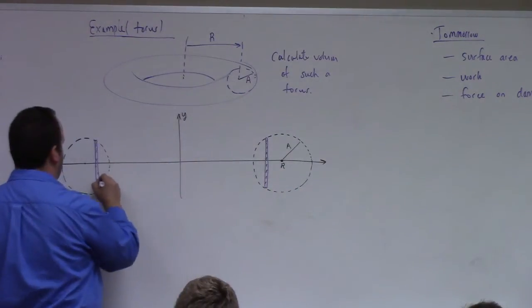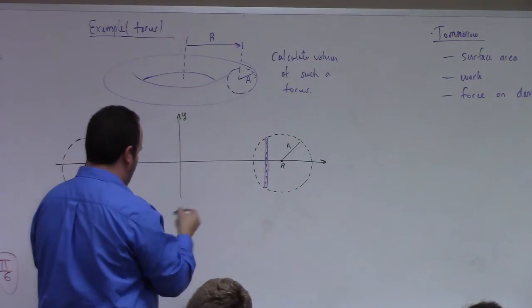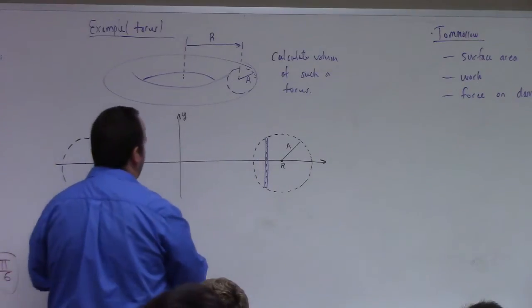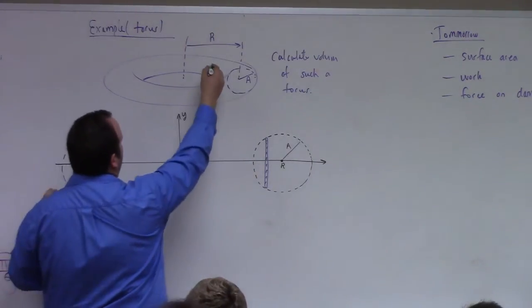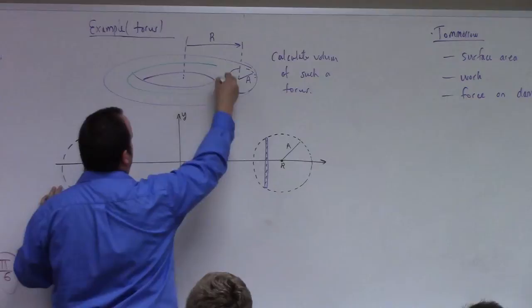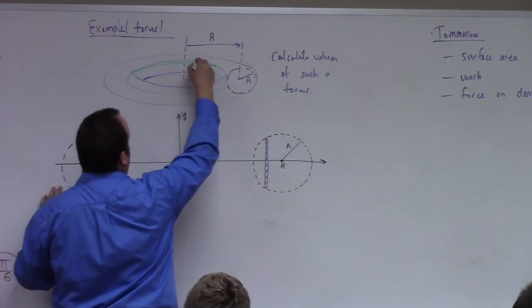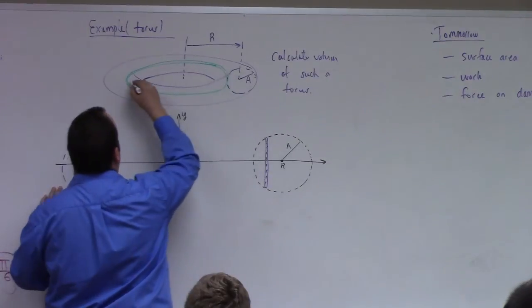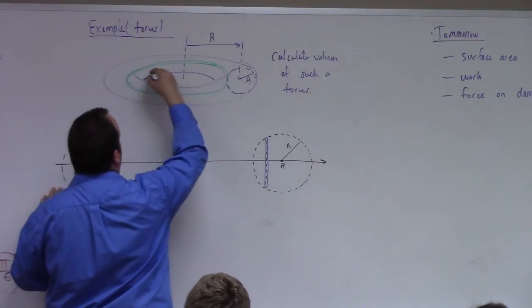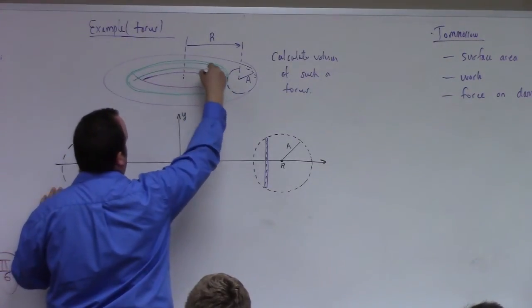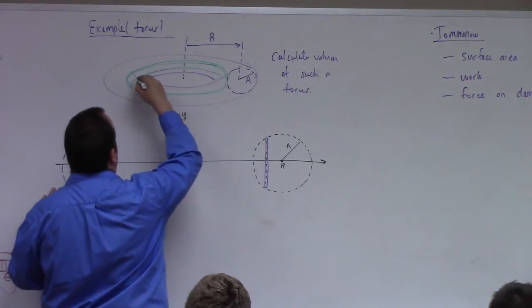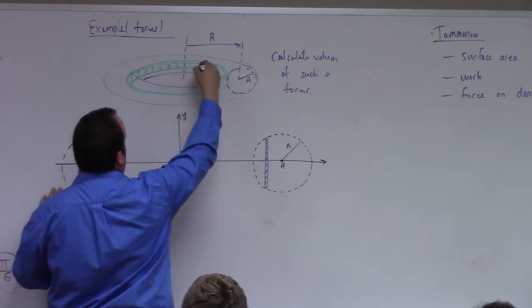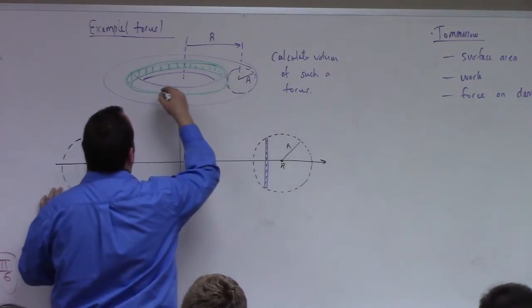I'm going to try, but it's going to look awful. Up here, it's something like this. I probably can't draw it worth anything, but if you can imagine just taking a slice.